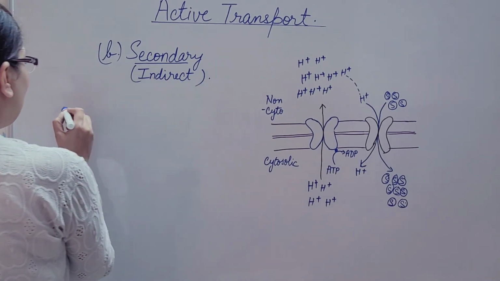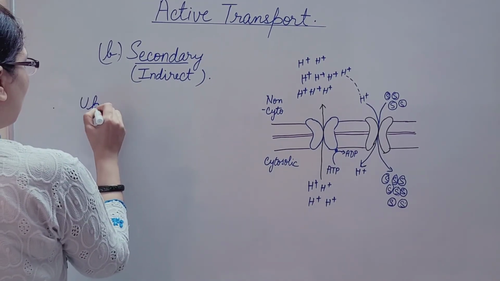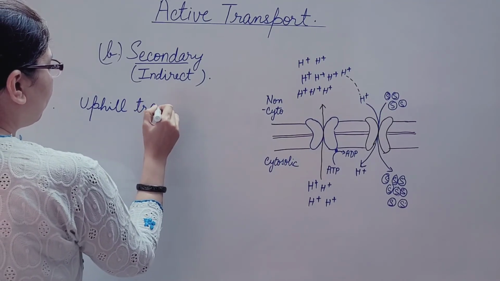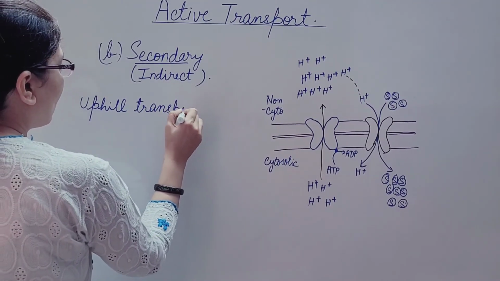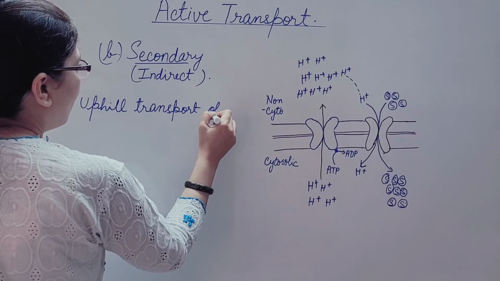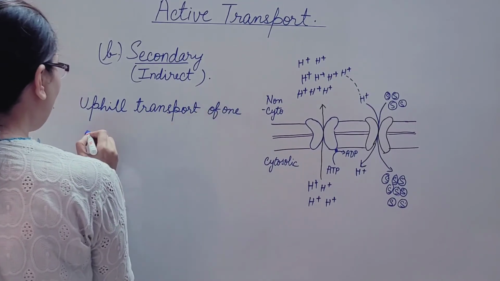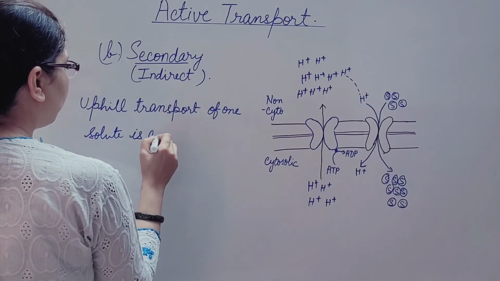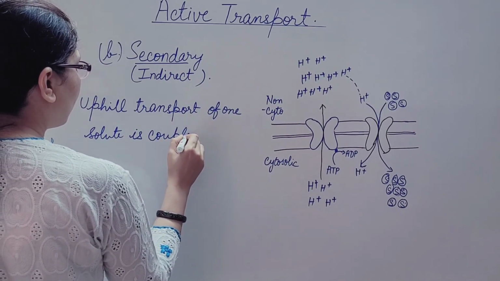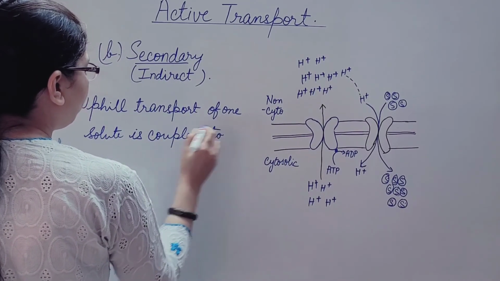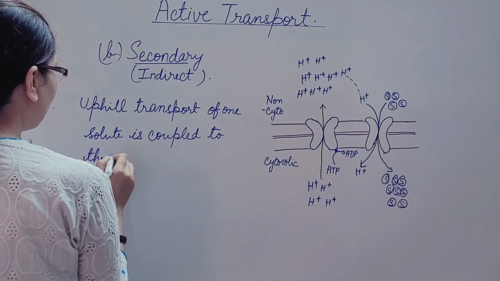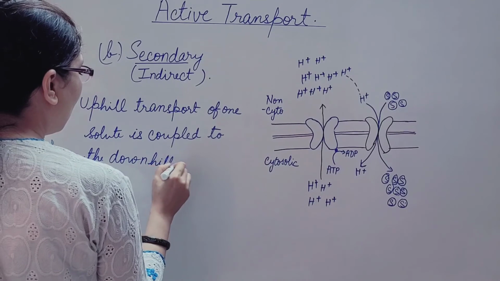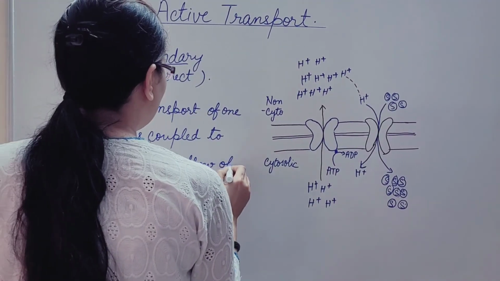Secondary active transport. In secondary active transport, uphill transport of one solute is coupled to the downhill flow of another solute.